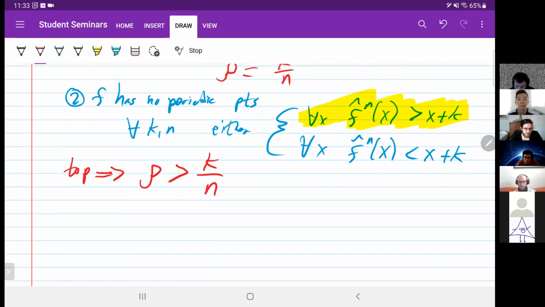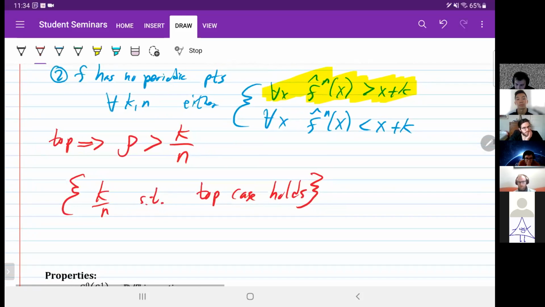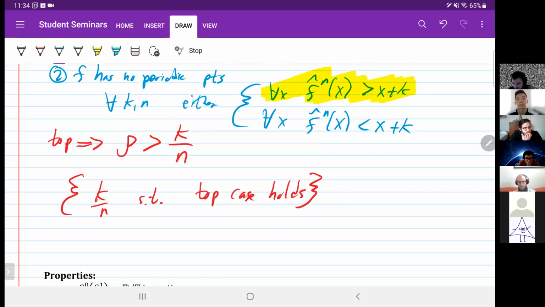So now consider the set of k over n such that the top case holds. What I claim about this set is that if a rational number is in it, then every rational number less than it is in it.